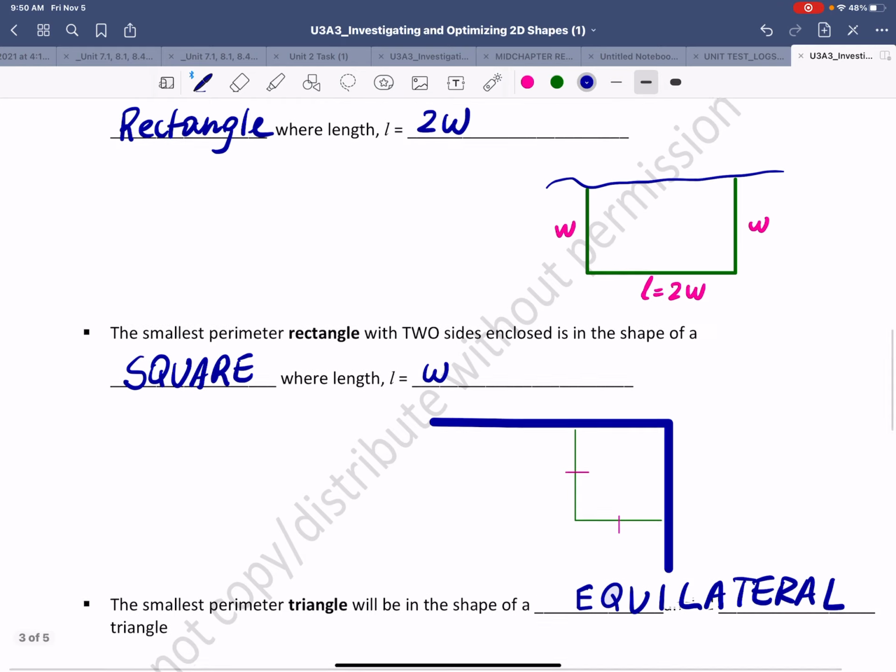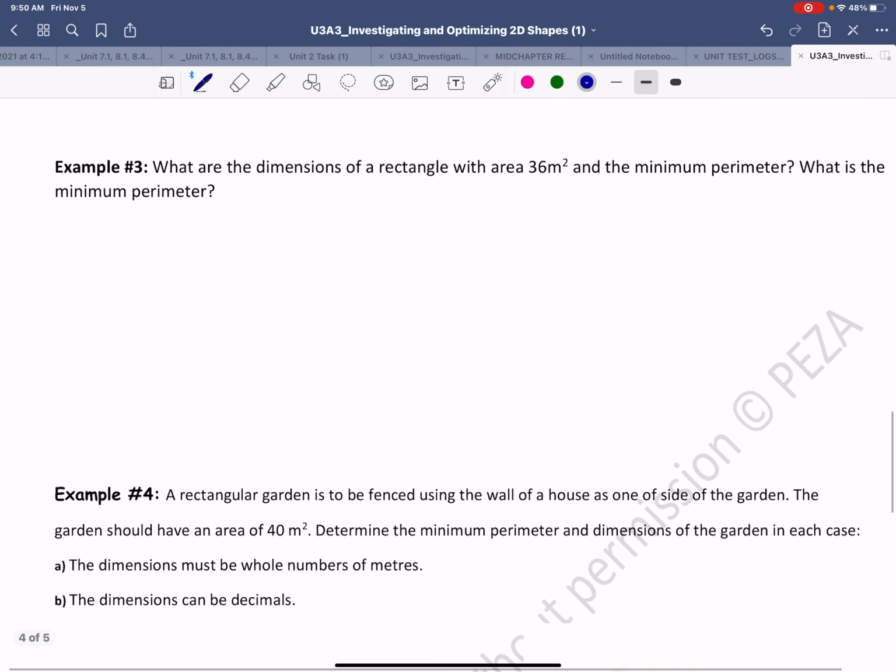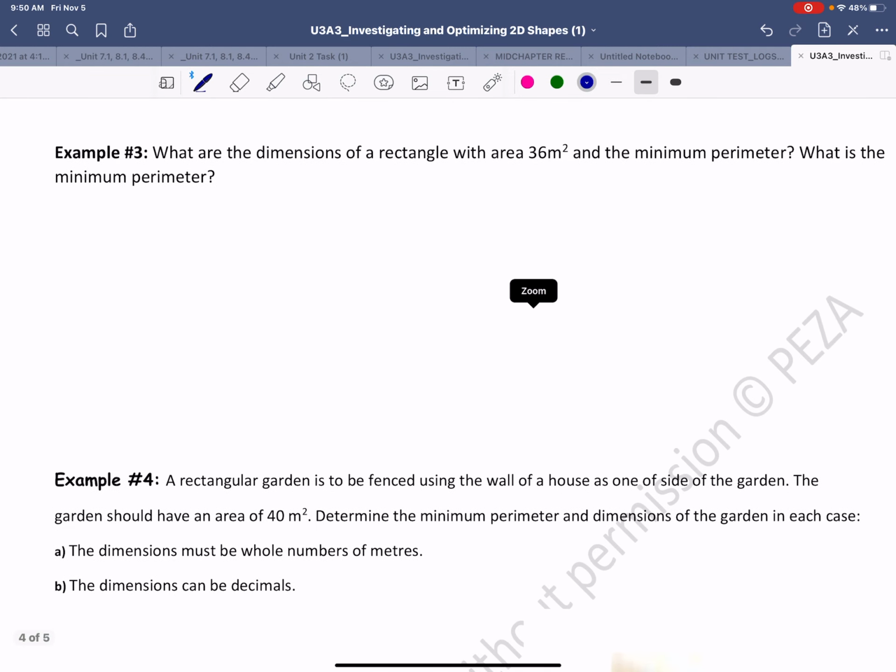Okay, so let's take a look at a couple of examples where the perimeter is being minimized and the area is fixed. So the first example, number 3, says, what are the dimensions of a rectangle with area 36 meters squared and minimum perimeter?